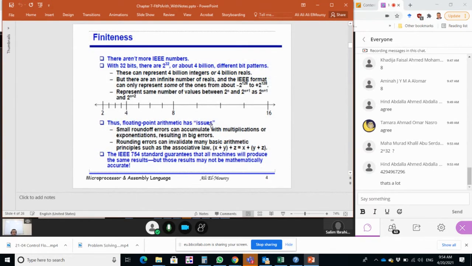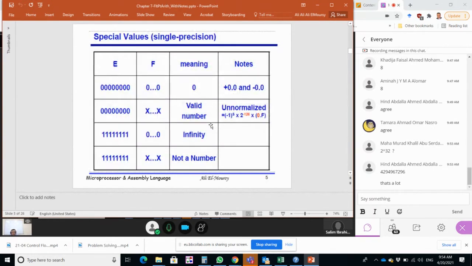This is a very interesting question. Before we answer it, we need to highlight some special cases. In the floating point representation, we have to reserve some values for some extreme numbers. Not all of the 4 billion combinations are used.